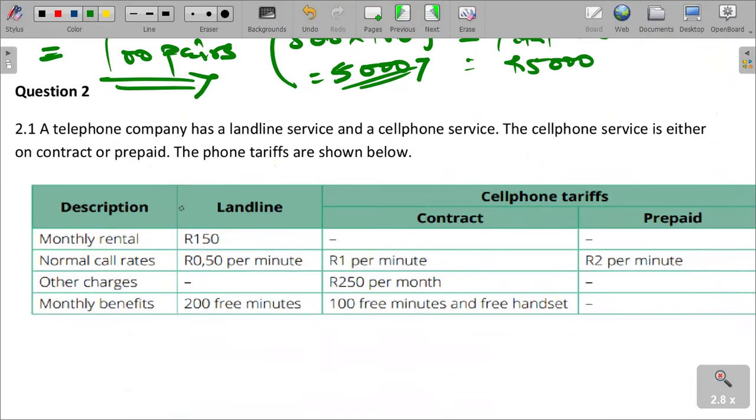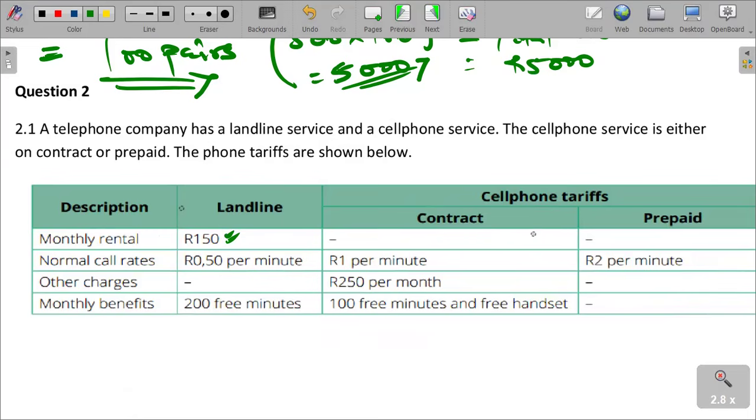And then we are given that a telephone company has a landline service and a cell phone service. The cell phone is either on contract or prepaid. The phone tariffs are shown below. What we are told here is that the monthly rent line is 150.